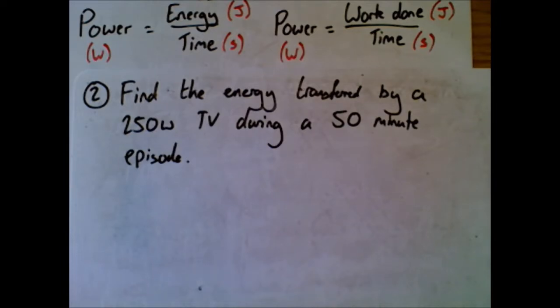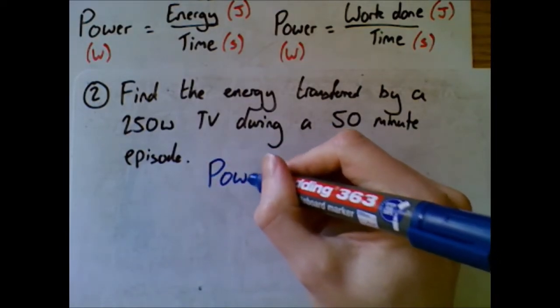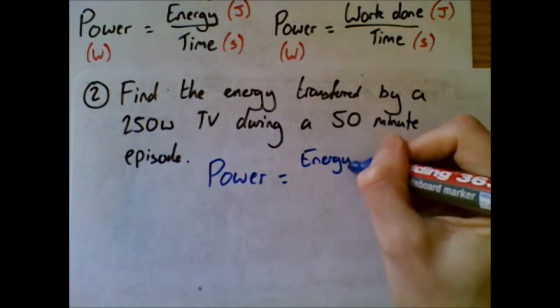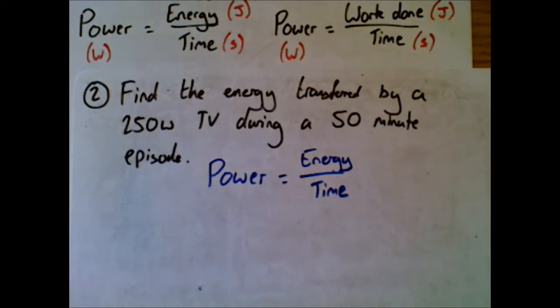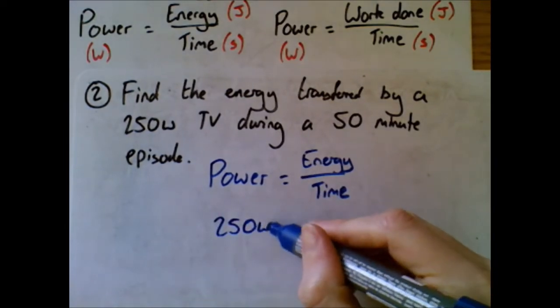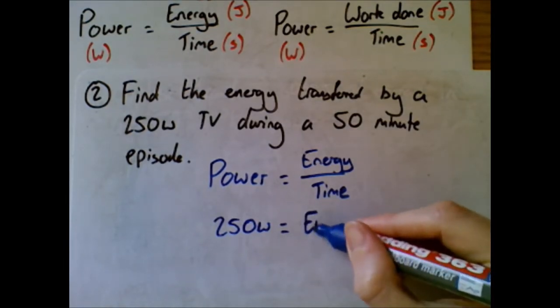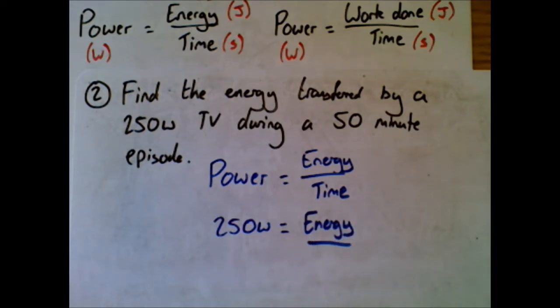Now, if we want to do this, then we've got to look a little bit more carefully. So I'm going to go back to my formula. I've got power equals energy over time. But this time we know the power, so power is 250. I'm going to put in my 250 watts equals energy, that's what we're trying to find, over time. Now we've got to be a bit careful here because of 50 minutes.